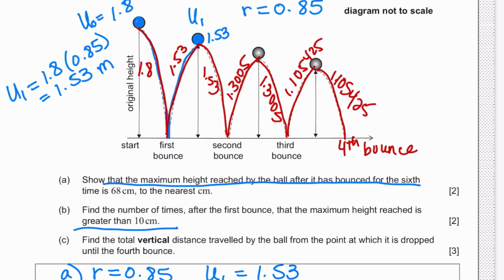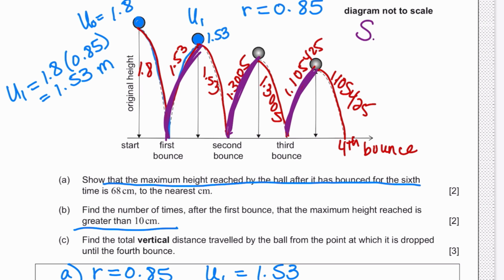Another way that I can do the problem is to work it out as a geometric series. Notice here on my first bounce, what I'm doing in purple, if I add the distance here and here, I can do that with a geometric series formula where the number of bounces is equal to 3.